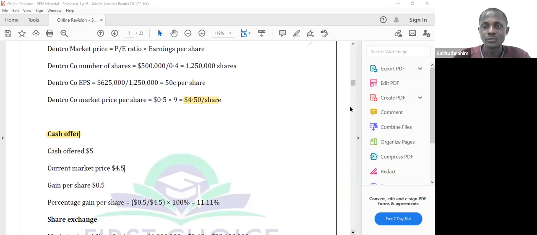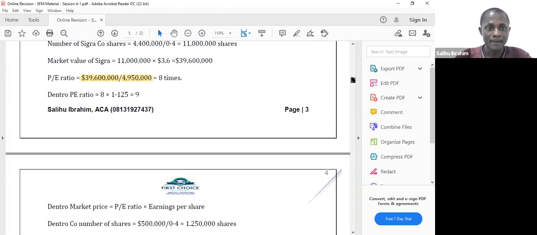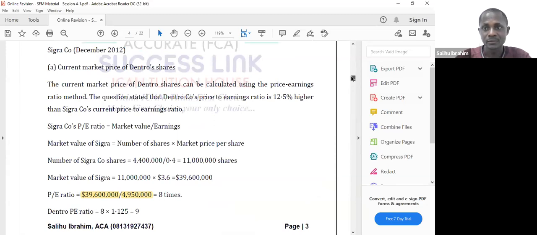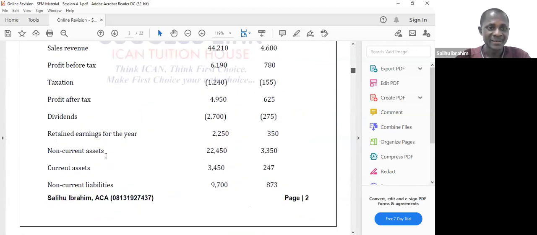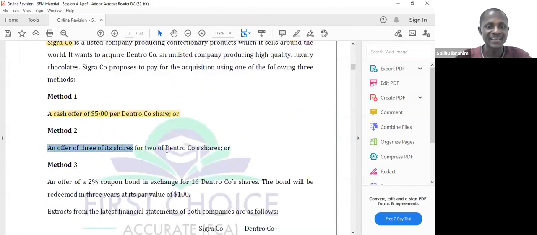So let us continue. That is that about the first one, method of payment. The second method of payment is an offer of 3 of each share for 2 of Dentroco's shares.